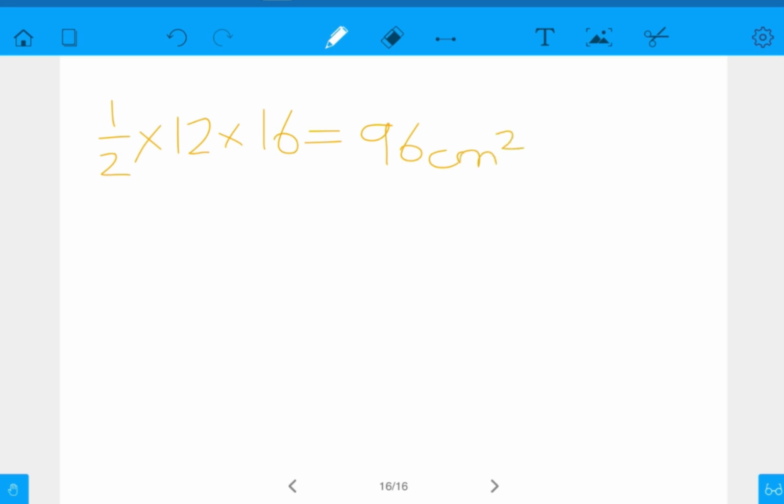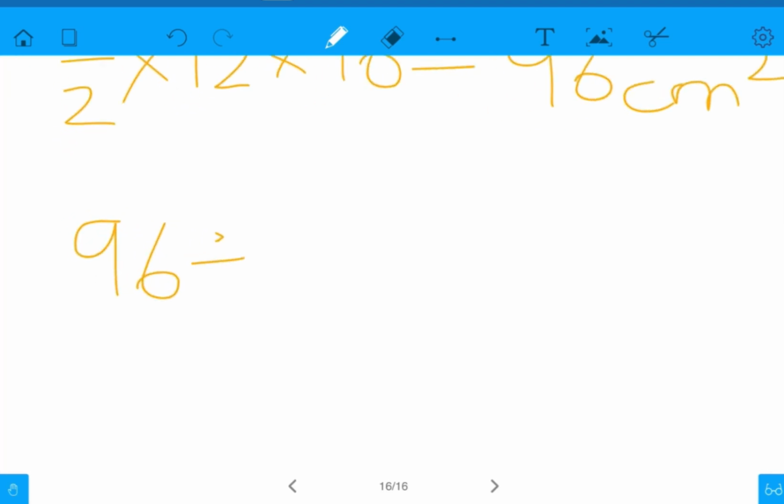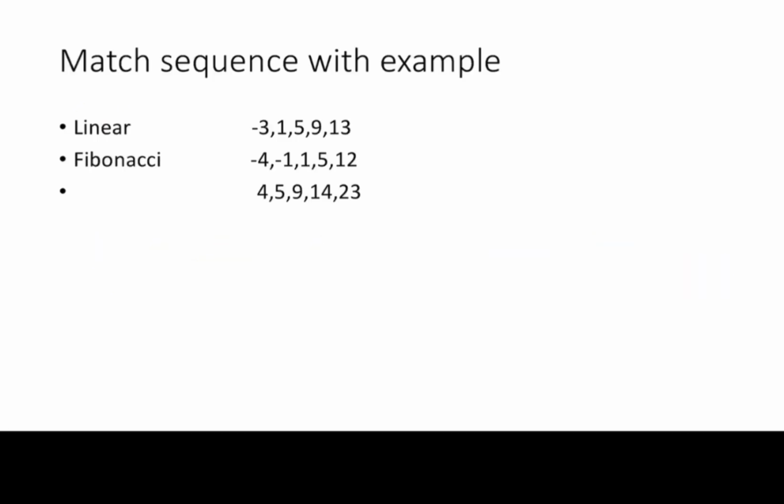And then the length of the rectangle will be 96 divided by 7.5, as length times the height or the width equals the area of a rectangle, which in this case is 12.8 centimeters.